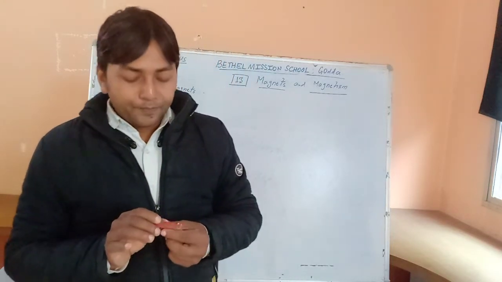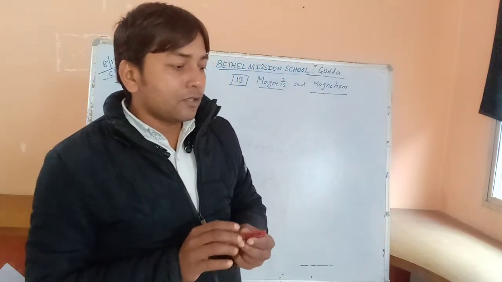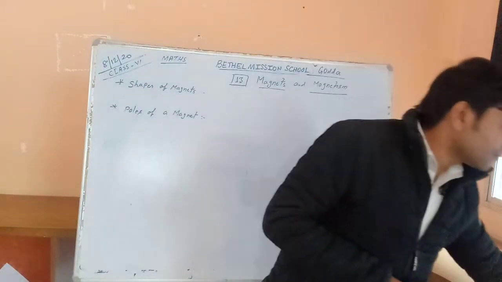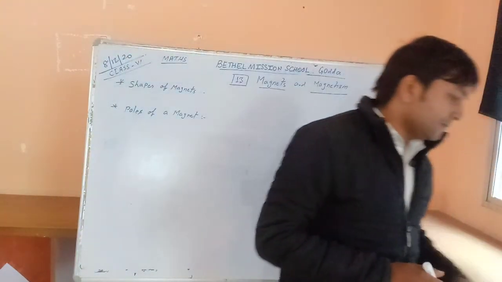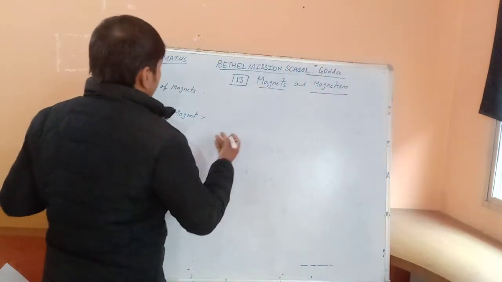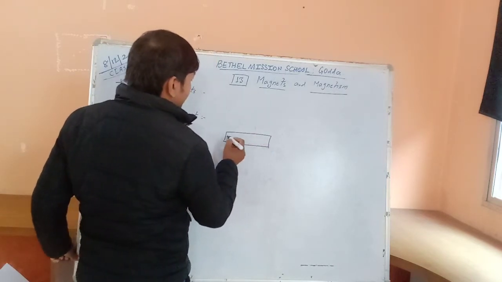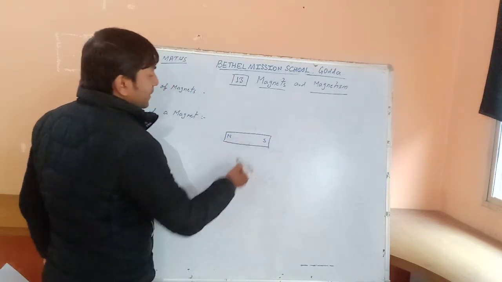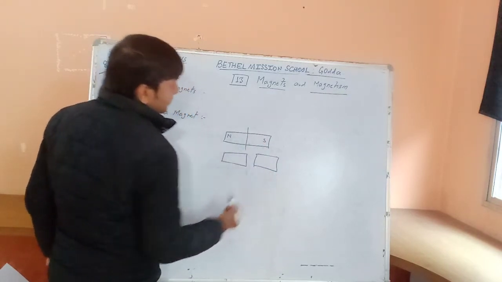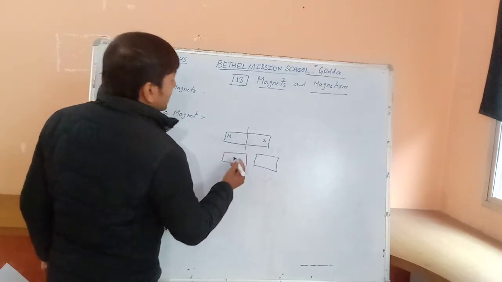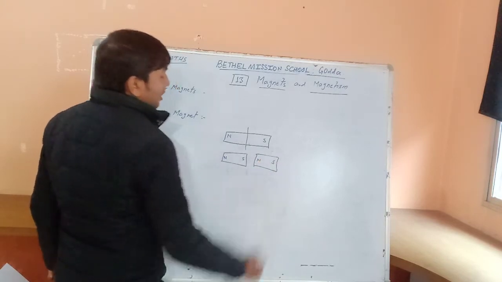Now we know more: the poles cannot be separated. If you break one magnet that has a north and a south pole, it automatically occurs in two parts, north and south, and again north and south.